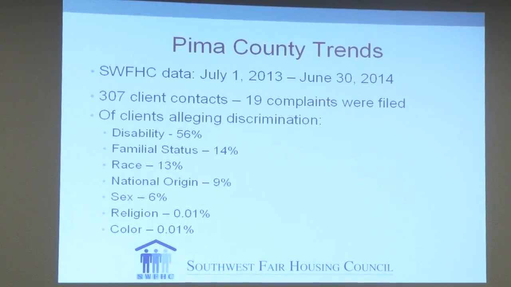So, you know, what's going on in Tucson and Pima County in Arizona really matches essentially the entire HUD region. So again, disability at 56 dwarfs the other protected class complaints. So familial status, race, national origin, sex, and then virtually nothing for religion or color.